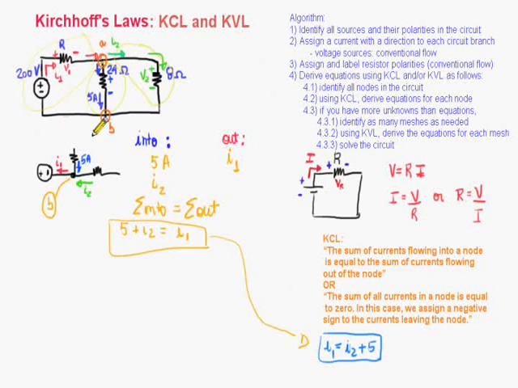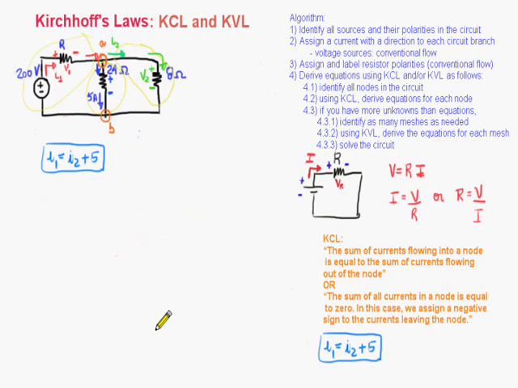So I see that A and B have the same currents flowing into and out of the node, and as I showed here, they will give me the same equation. So there's no need to derive the equation for node B in this case, because I had already derived it for node A. So this is the only equation I got when I used KCL.